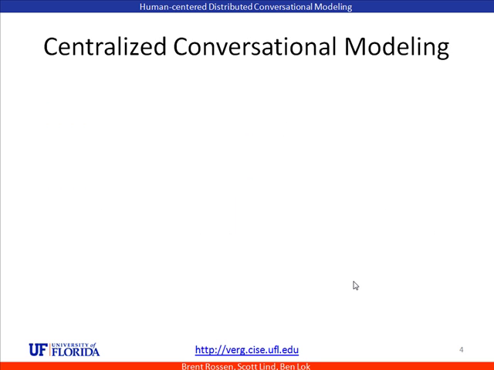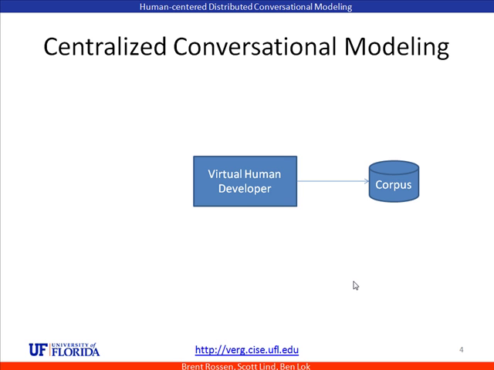So now let's take a look at the process that is currently used. In the current process, virtual human developers put the stimuli and responses into an XML-based corpus. They gather these stimuli and responses using existing material, generally gathered from video.